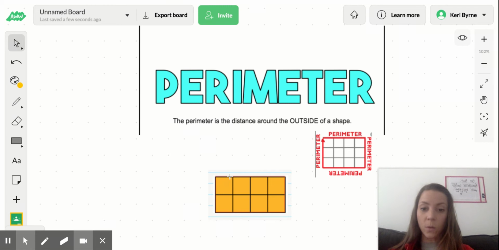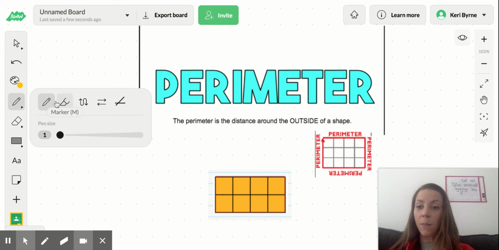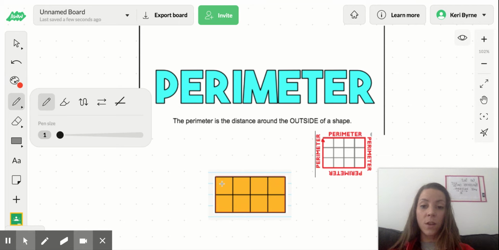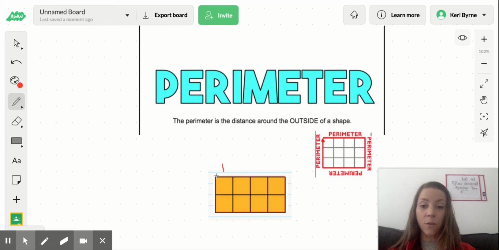So the first one is 1 unit, from this line to this line is 1 unit, 1 unit, 1 unit. So what you could do is you could just count and make sure you write it down so that you can keep track of your numbers. But you could just think of the units inside and maybe draw these squares, or use the squares if they're already drawn, and you would just count from here to here is 1.